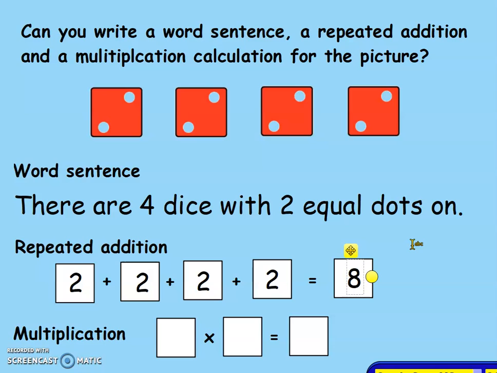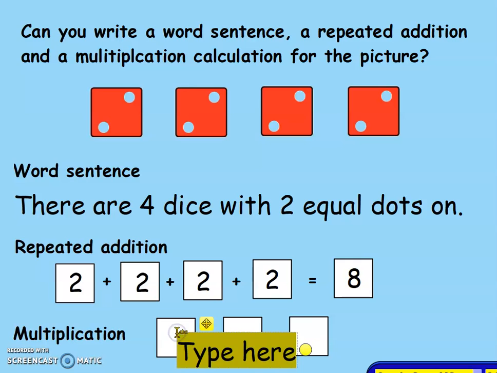And finally, what is our multiplication calculation? So we could look either at the picture, we could look at our word sentence, or we could look at our repeated addition. We know that we're doing 2 add 2 add 2 add 2.